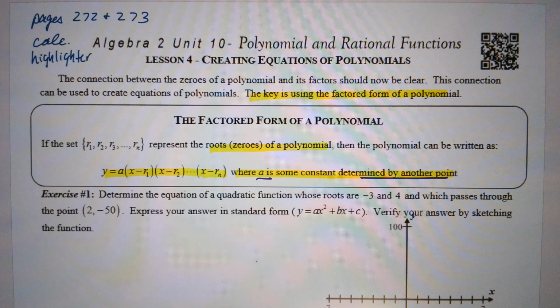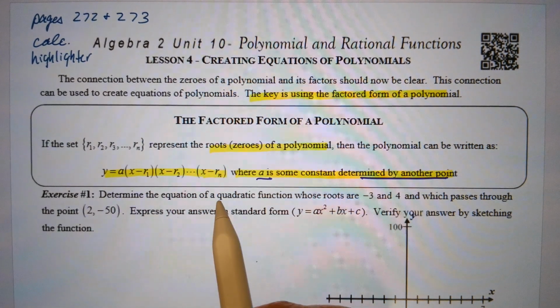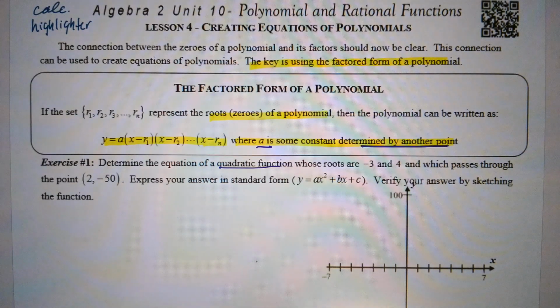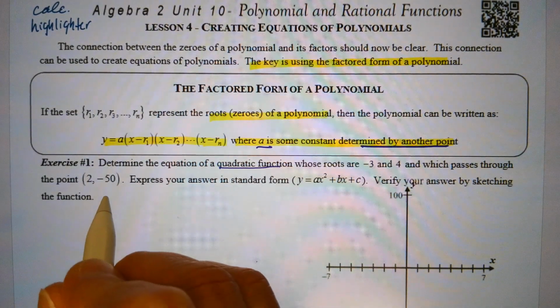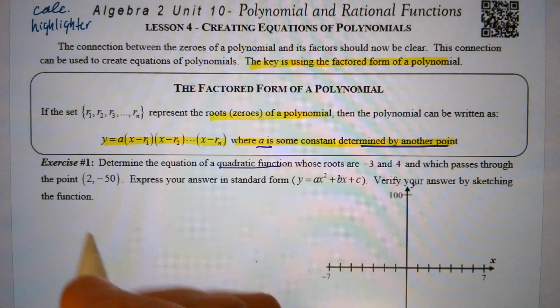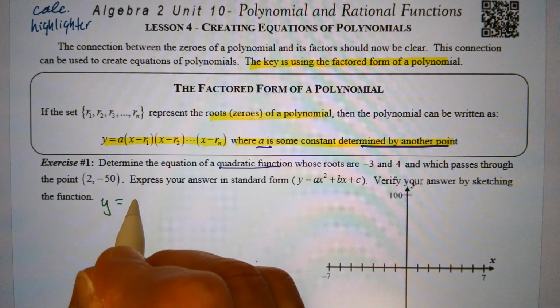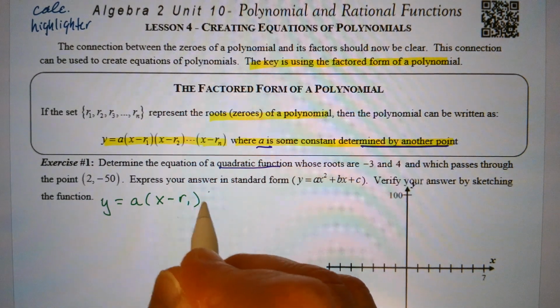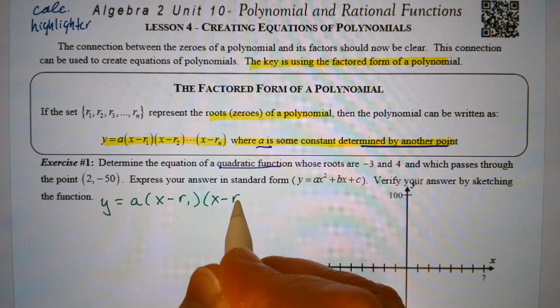Our first exercise: determine the equation of a quadratic function whose roots are negative 3 and 4, and which passes through the point 2, negative 5. So we begin with our shell, y equals a times x minus the first root times x minus the second root.